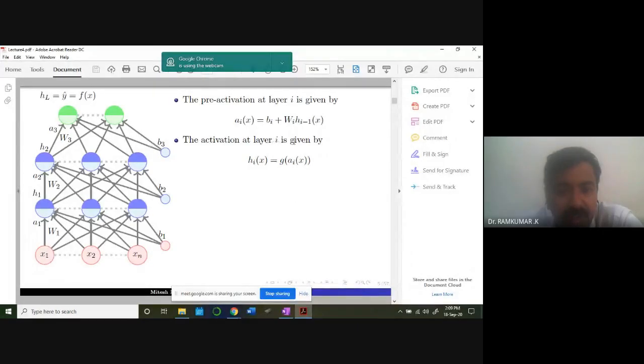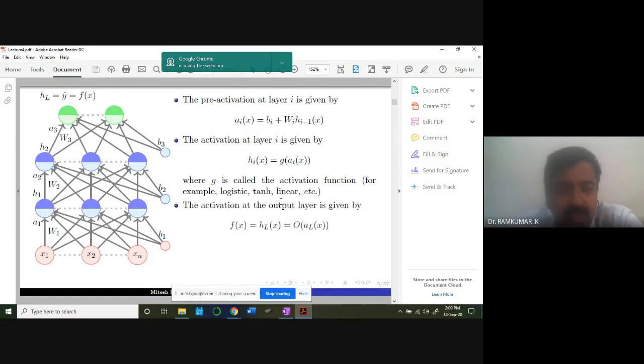The activation at layer i is given by hi(x) equals g of Ai(x). The g is called the activation function, for example logistic, tanh, linear, etc. The output activation is given by f(x) equal to hL(x) or aL(x).